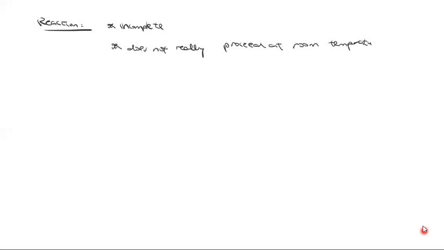If you want it to happen, what do we need to do to help it along? Provide heat. So to aid in increasing rate, we would need to heat it up.